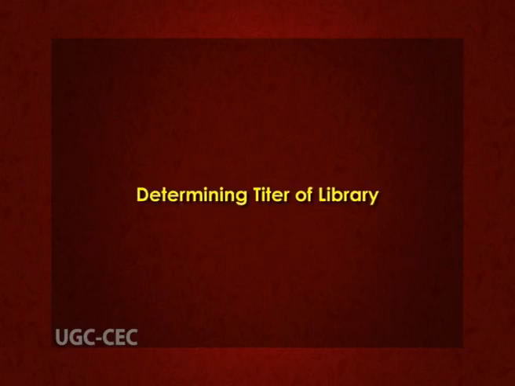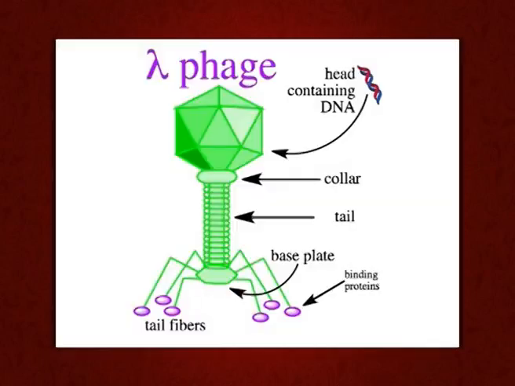Now we will learn how to determine the titer of library. After a genomic library is constructed with a viral vector such as lambda phage, the titer of library can be determined. Calculating the titer allows researchers to approximate how many infectious viral particles were successfully created in the library.